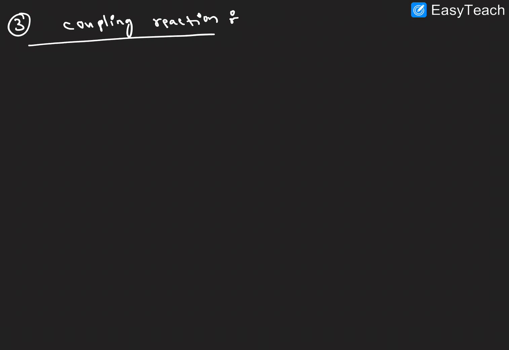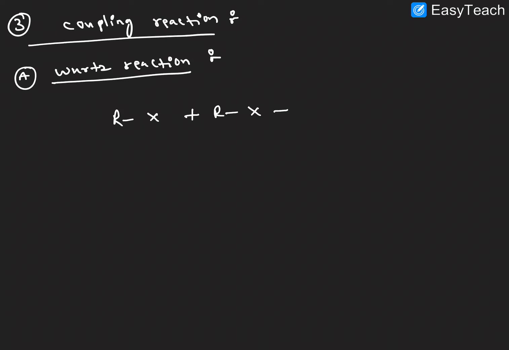In that, the first reaction is the Wurtz reaction. What is the Wurtz reaction? It is the condensation of two alkyl halides in the presence of sodium plus dry ether. So one mole of alkyl halide and one more mole of alkyl halide are treated with 2 moles of sodium metal in the presence of dry ether.